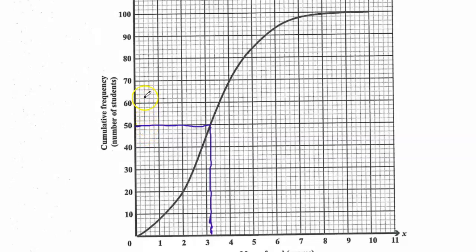Next, we're asked to find the quartiles, upper quartile, lower quartile, and the semi-interquartile range. So the upper quartile, of course, is 3/4 of 100, which will be 75. So we find 75, draw a line to meet the curve here, and then bring it down.